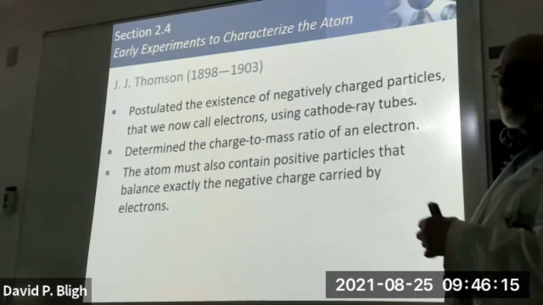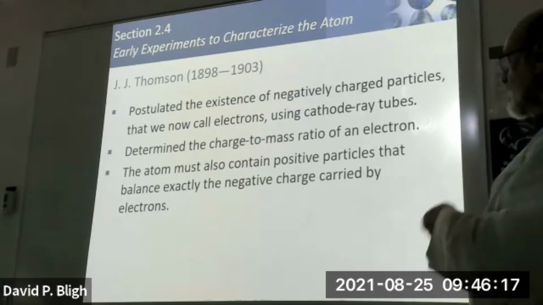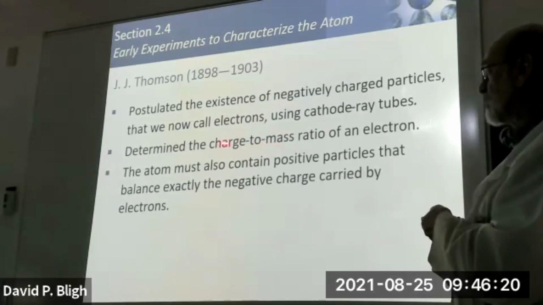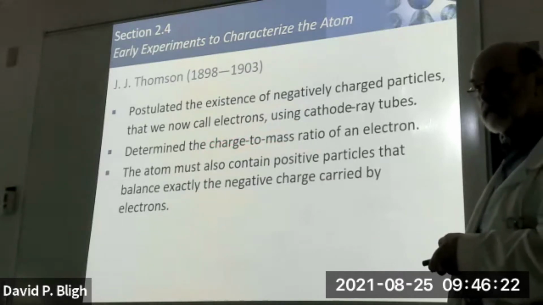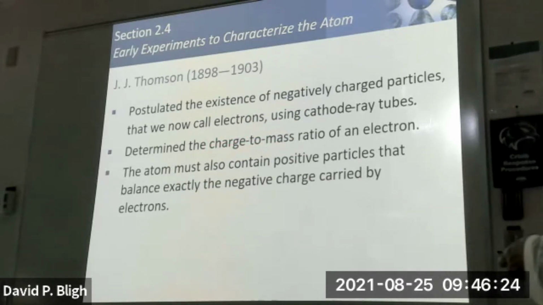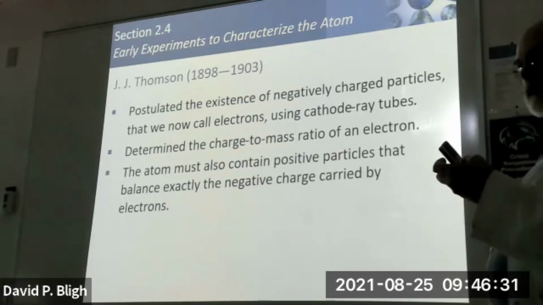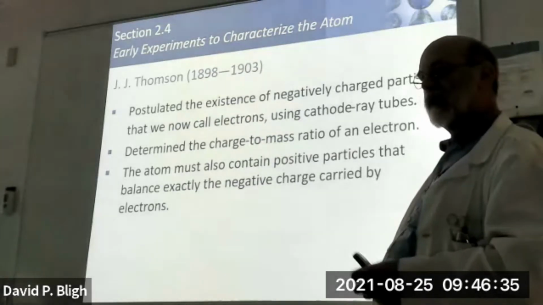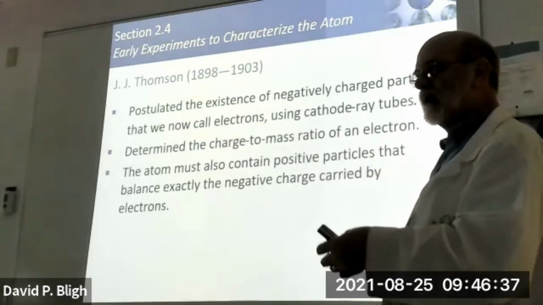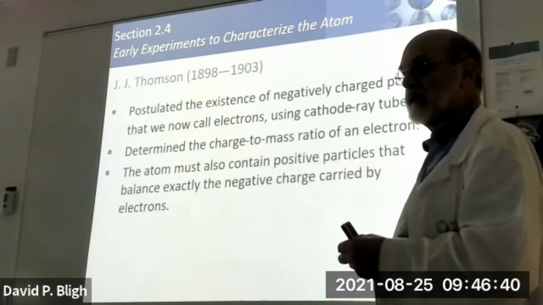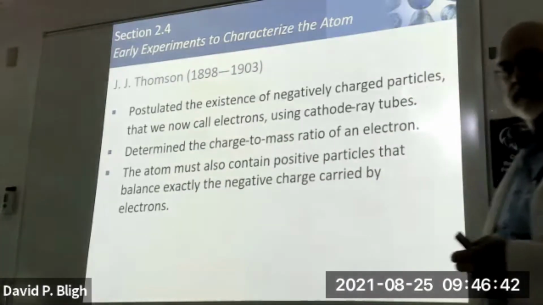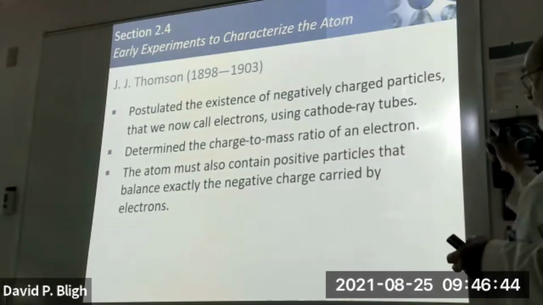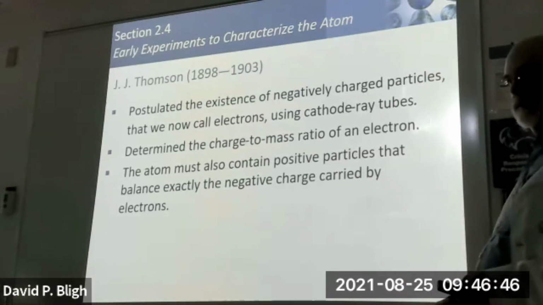The technology wasn't there yet to determine the mass of the electron, but he was able to determine the charge to mass ratio. Well, he also said that these electrons come from any matter. It doesn't matter what he put in there for the plates. It produced the same stream of particles. So he knew that this was a particle that was common to all atoms.